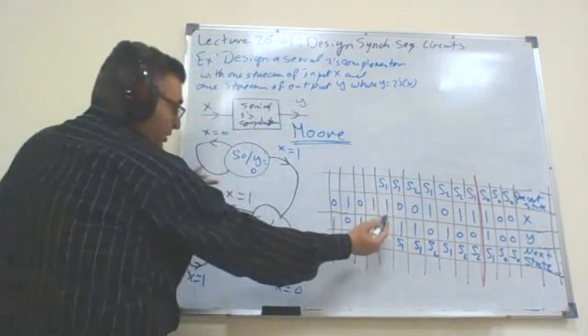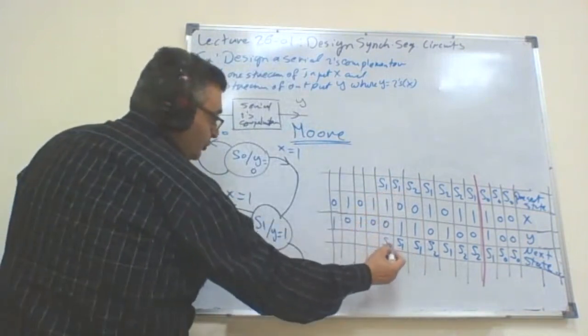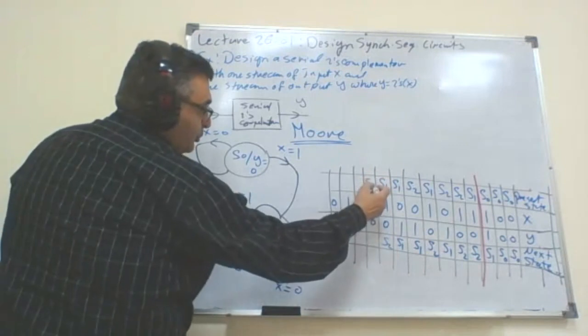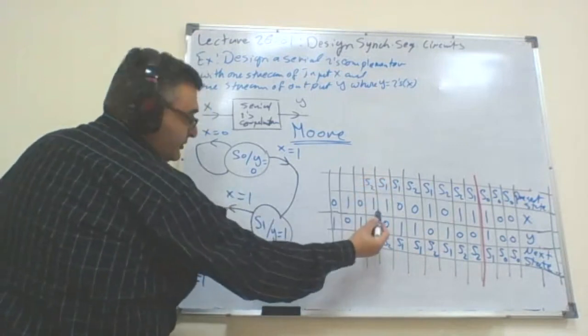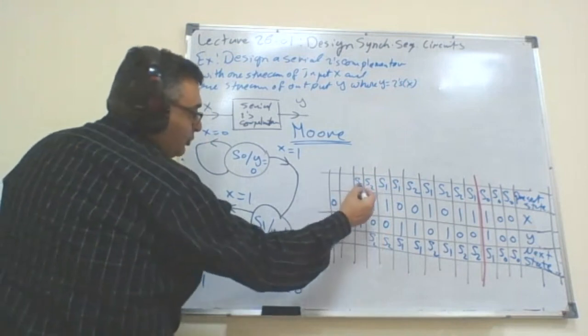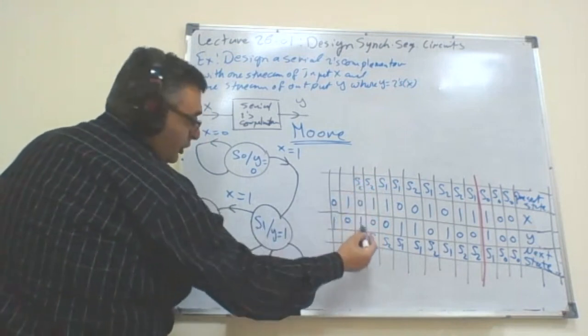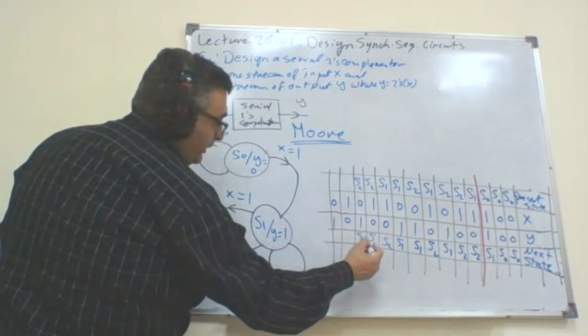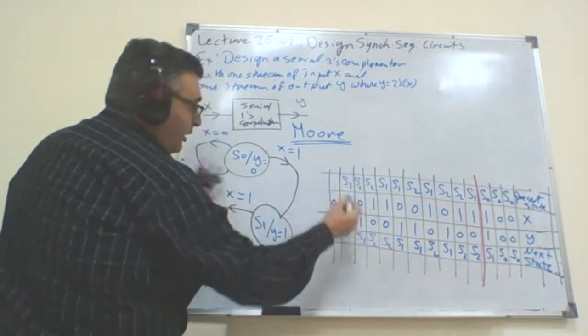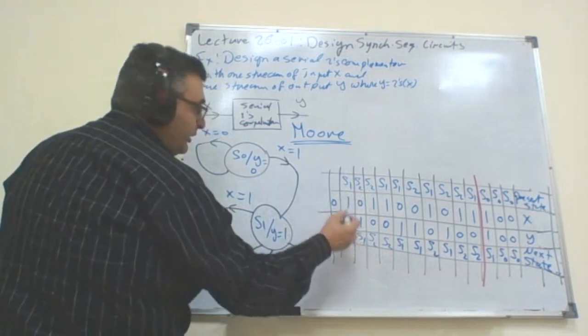Again, S1 with 1, go to S2 and generate y equals 0. S2 with 1, staying in S2 and generating 0. S2 with 0, go back to S1 and generating 1. S1, go back to S2.